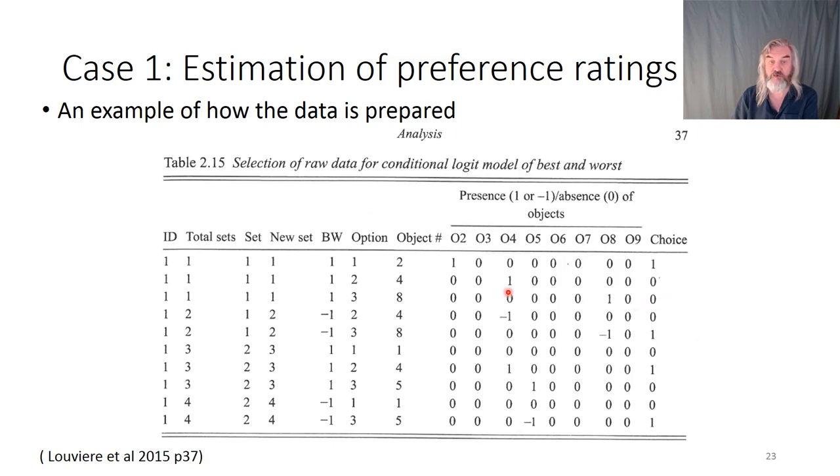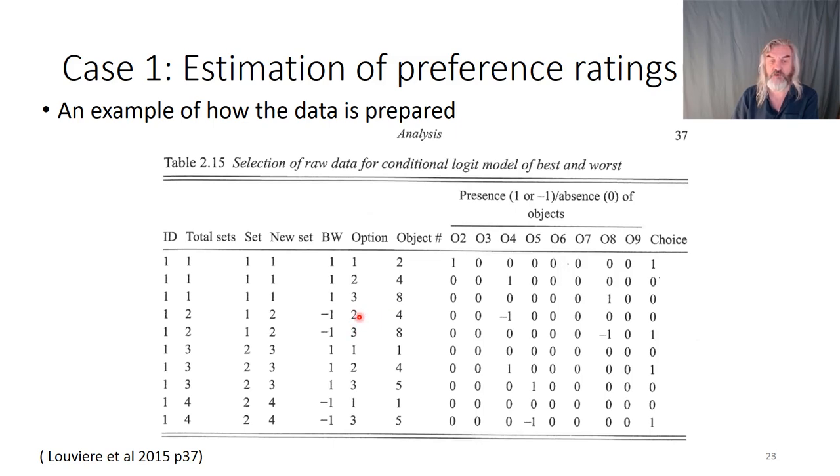So that first part of the data represents the setup for choosing one object out of 3 as best. And then we come to the second block here, which is the worst component. And what you can see is that because option 1 was chosen as best, option 1 has disappeared, and all we have is 2 and 3 left.